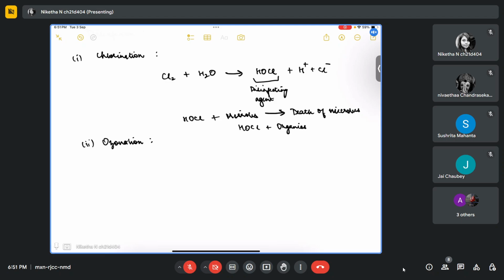In wastewater treatment, the outlet water may have some organics also after the secondary treatment process. Those organics will react with hypochlorous acid and produce some byproducts. The organics will get incompletely oxidized. They will undergo incomplete oxidation.